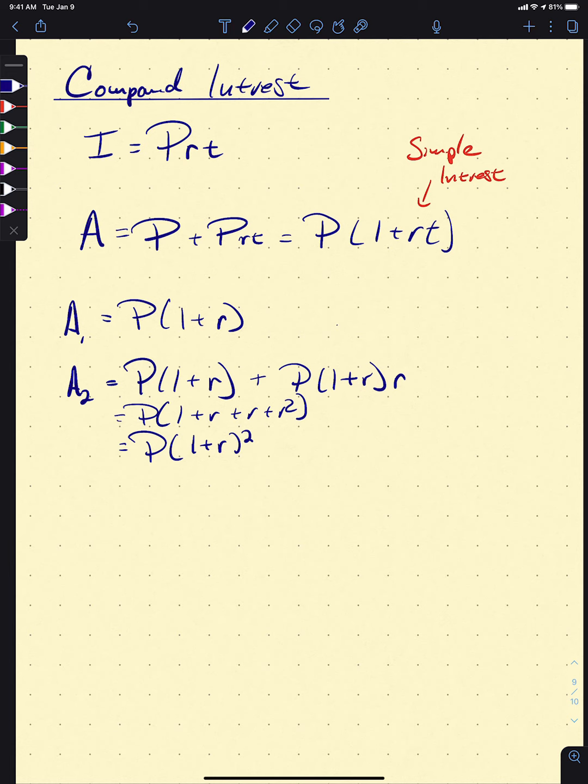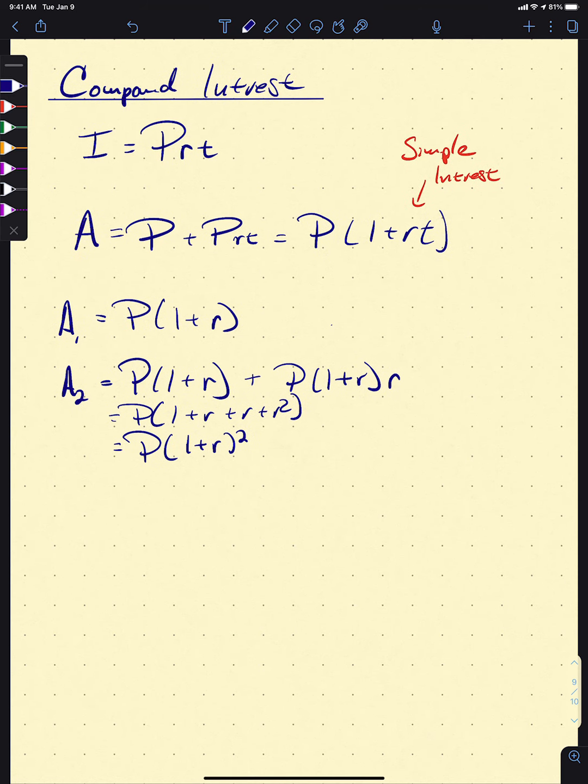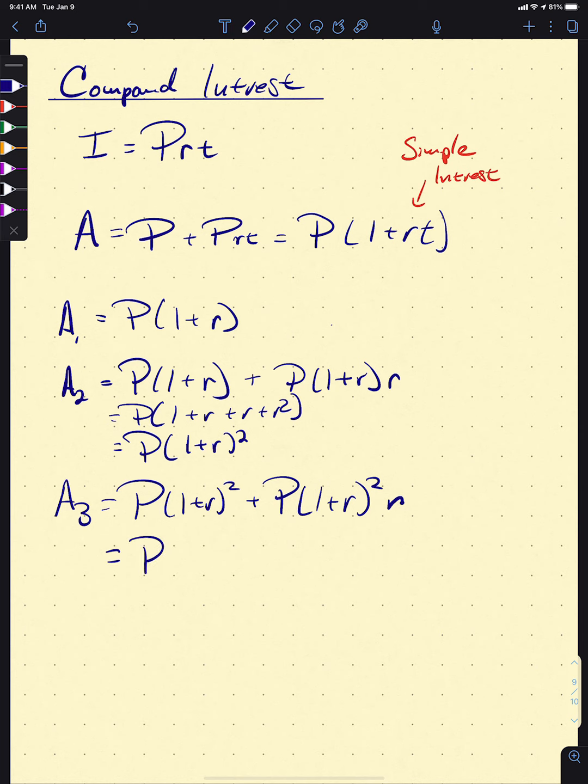And if you keep calculating this, say you calculate A3, you're going to get P times 1 plus R squared plus P times 1 plus R squared times R. And if you carry through the math here, you get P times 1 plus R cubed.